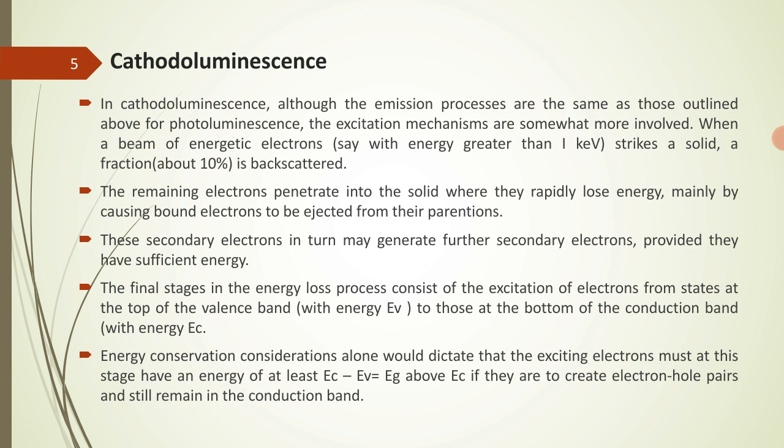The second method is cathodoluminance. Here cathodoluminance occurs due to the excitation by beams of electrons. The emission process is the same as that I outlined in the photoluminance concept, but here the remaining electrons present in the energy level band will lose their energy, which may cause bound electrons to be ejected from their parent ions.